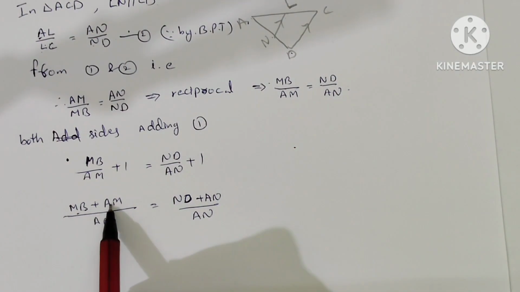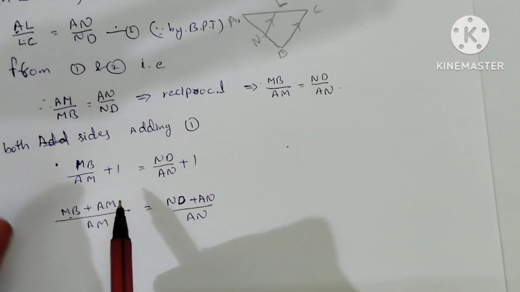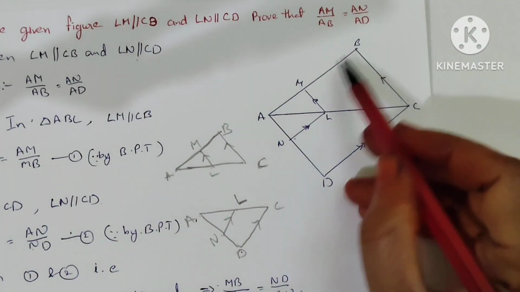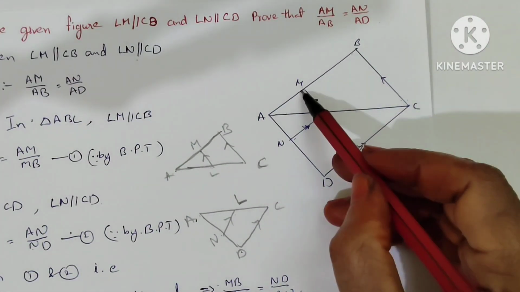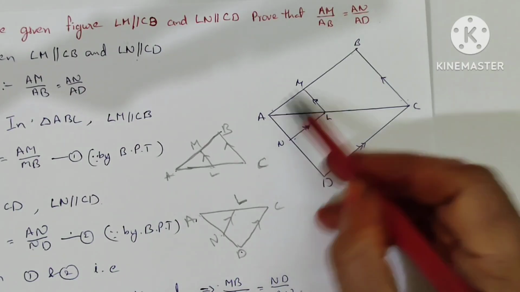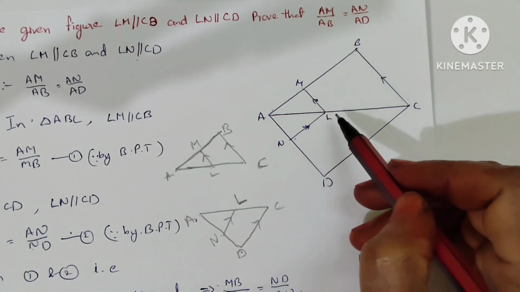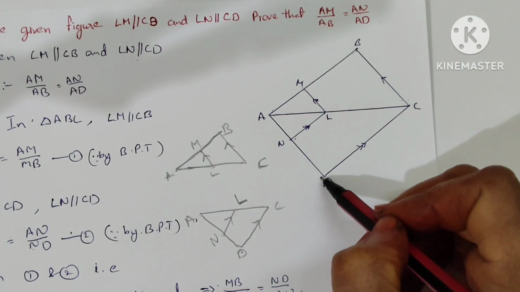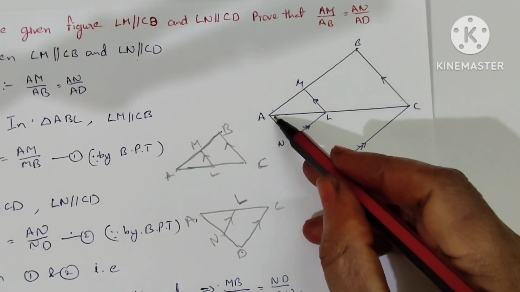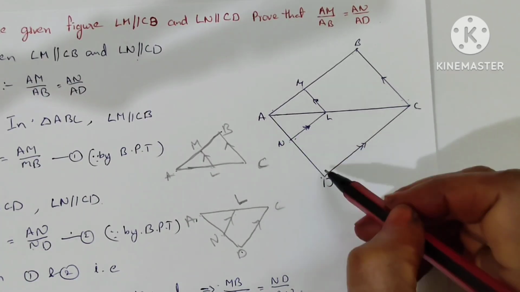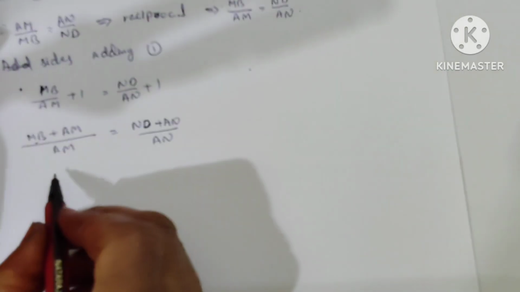Here MB plus AM is the numerator. Observing the diagram, MB plus AM is total AB. The right side is the same: ND plus AN. The sum of these two lines equals AD.